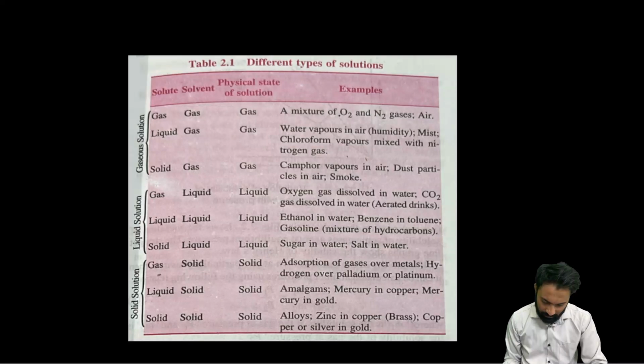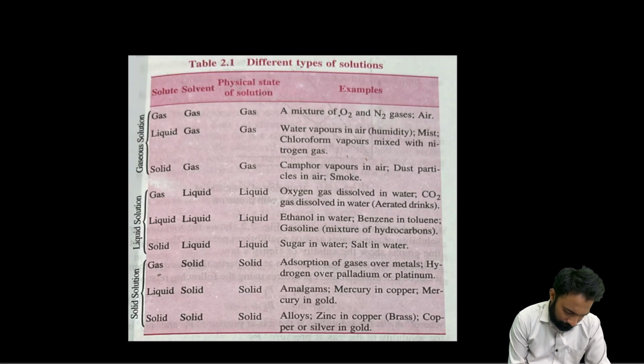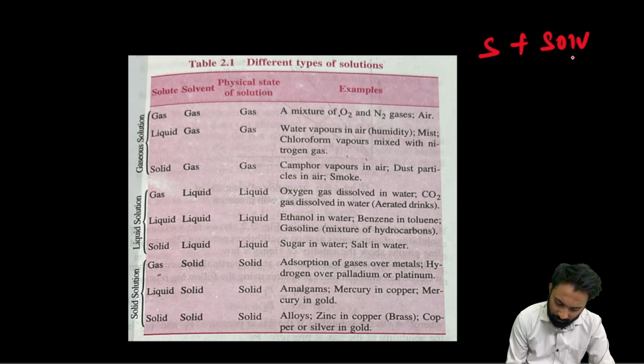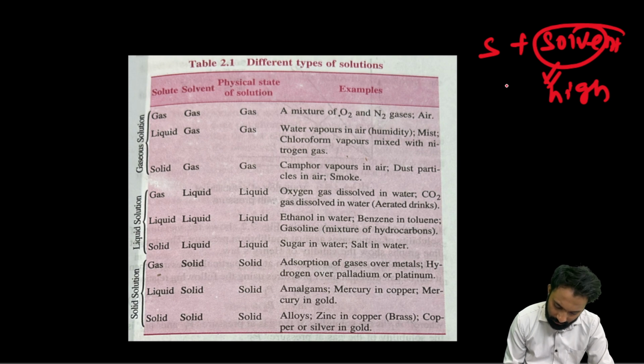In this case, if I take one solute and one solvent, and the solvent quantity is high, then these two mix to give the solution, and this solution will become a liquid solution.